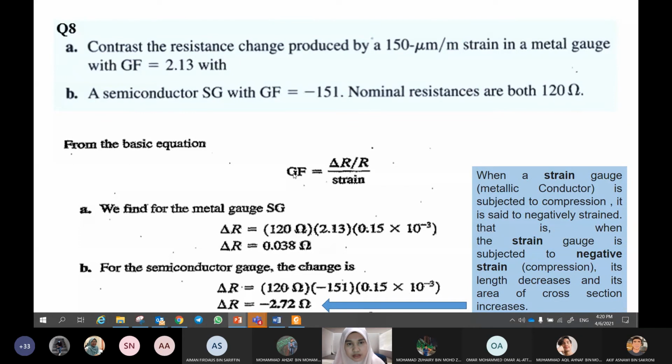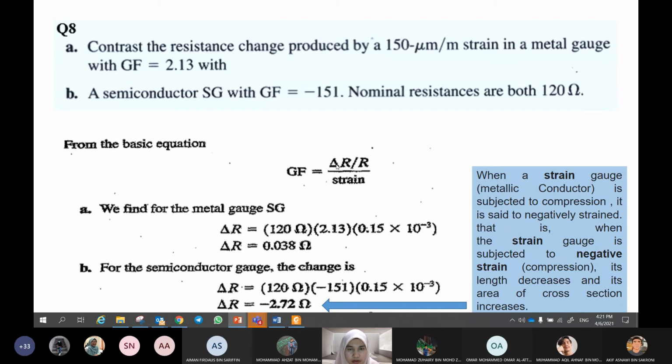In our notes, it is K equal to GF equal to del R over R divided by del L over L, or strain. So we find for the metal gauge. The question is to find the resistance change, meaning del R. So del R is equal to GF multiplied by strain multiplied by R.